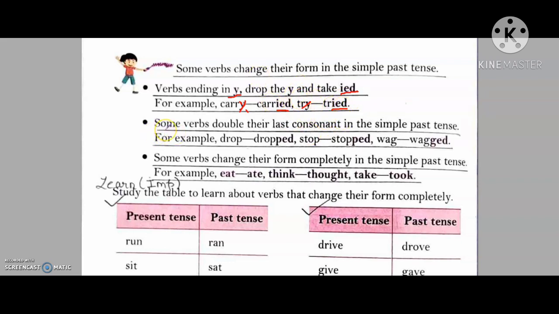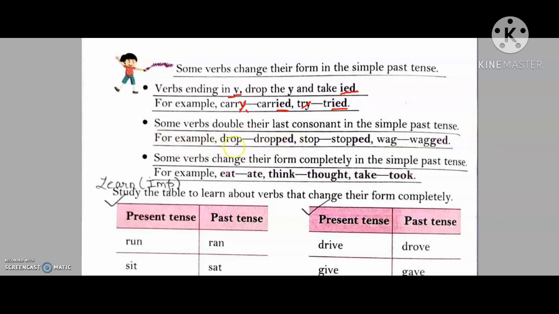Okay? Now, second one. Some verbs double their last consonant in the simple past tense. When the action had happened in the past, what will we do? We will double the last consonant and add ed to that.